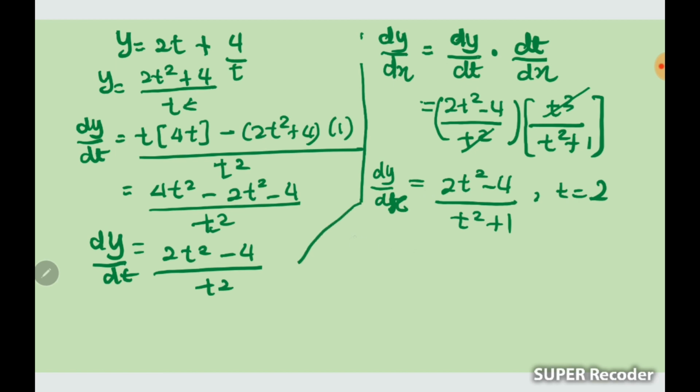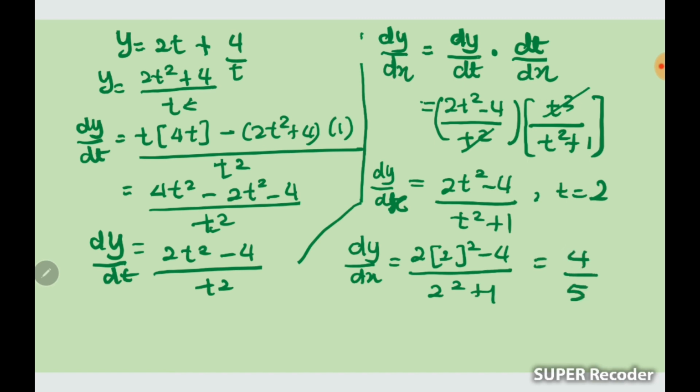So substitute t equals 2, then you will get dy/dx equals 2 times 2 squared minus 4 over 2 squared plus 1. The answer is 4 over 5. This is the value of dy/dx at t equals 2.